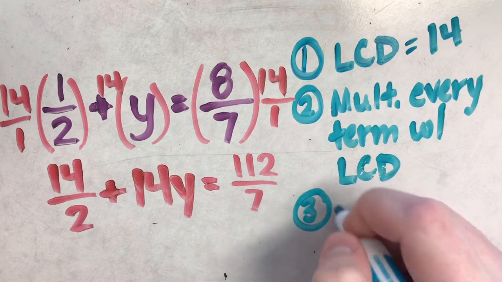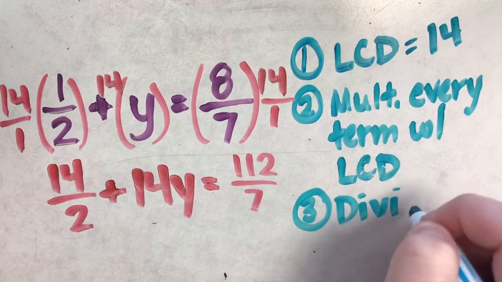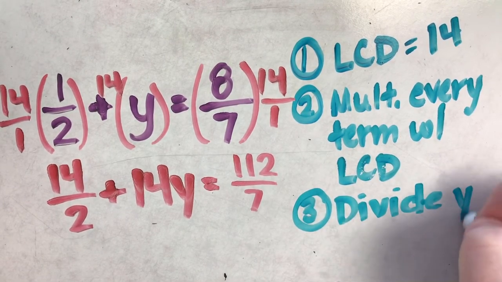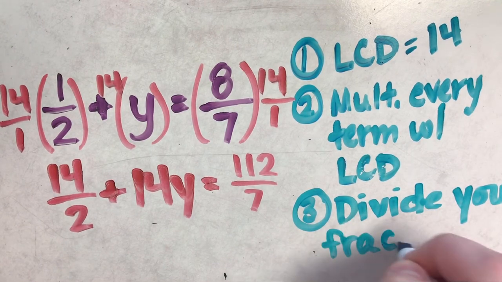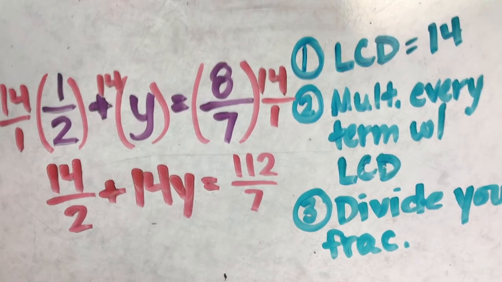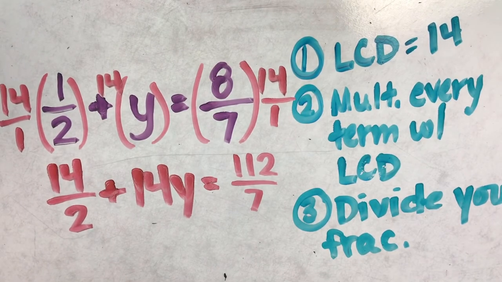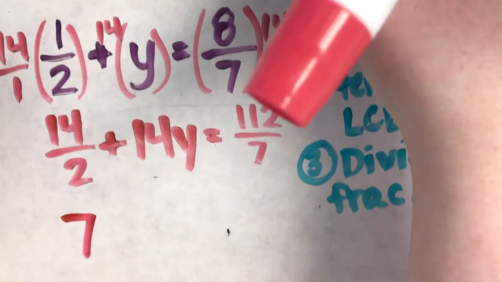Step 3: divide your fractions. If you notice, this 14/2, we probably already recognize that that will reduce. So 14/2 gives us 7. A whole lot nicer.